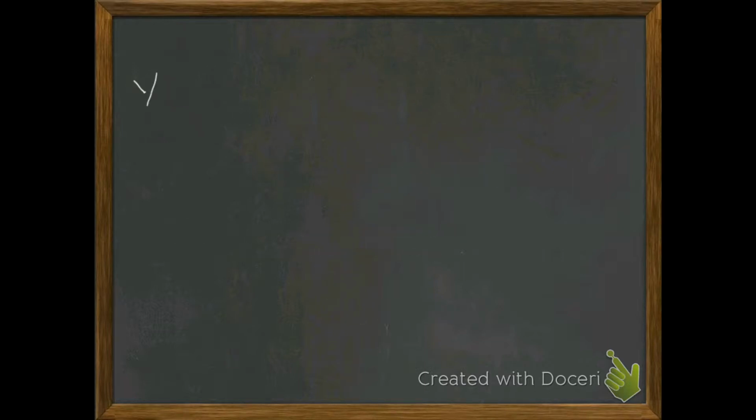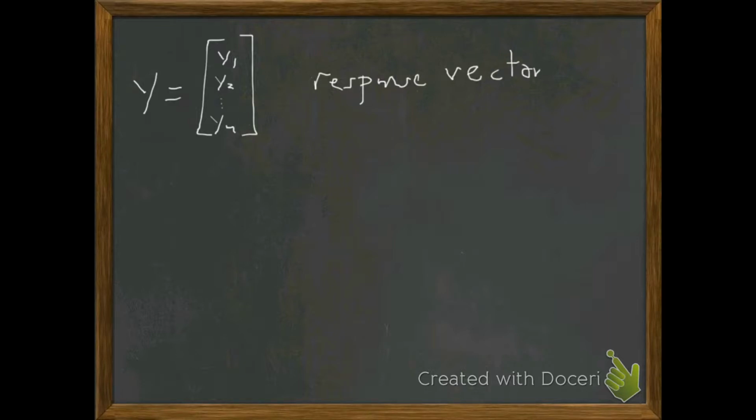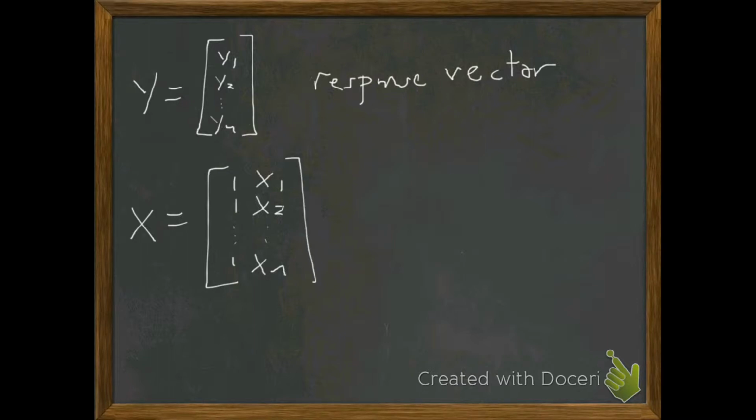First of all, I can look at my Y matrix, and I'll call this the response vector. Next thing I'll look at is X, and guys, don't forget the 1s here. I'll show you where they come from. I refer to this as the design matrix.